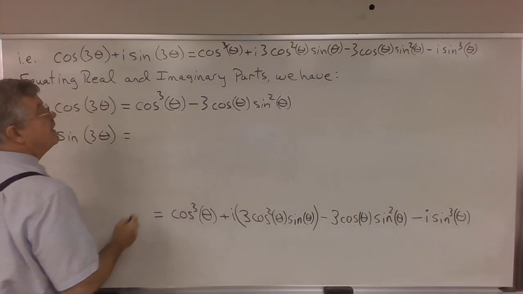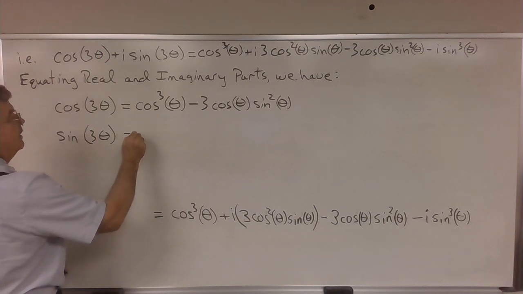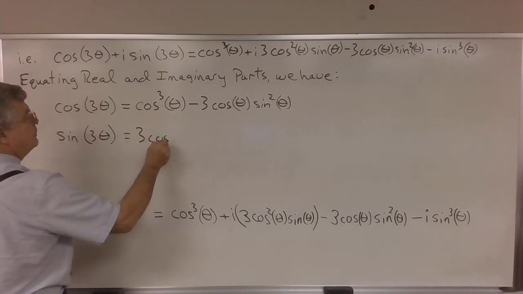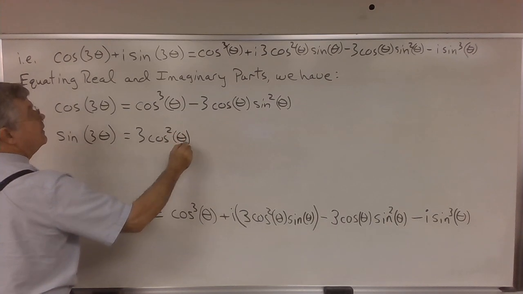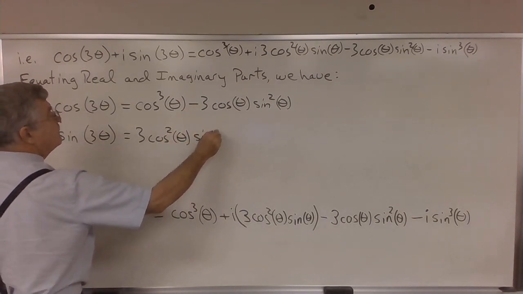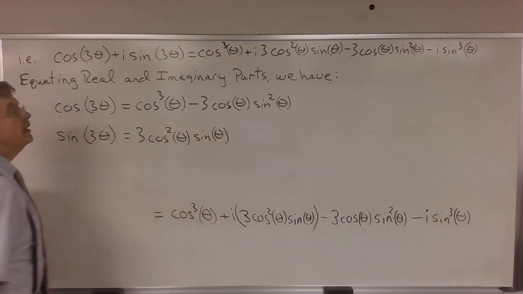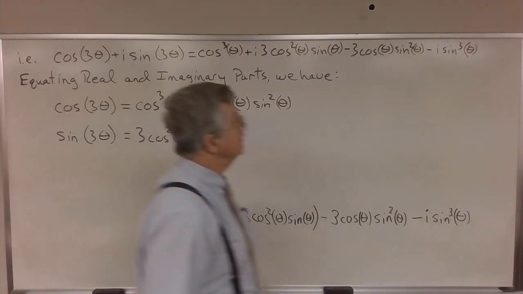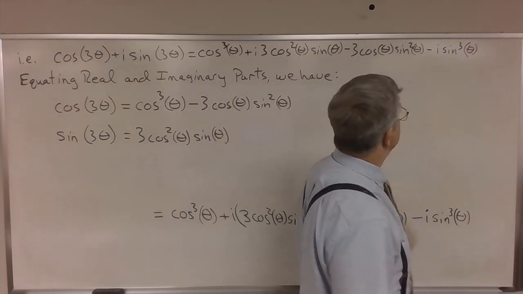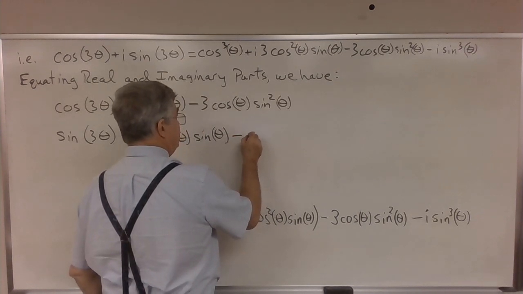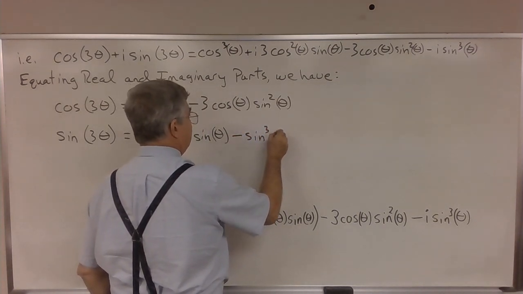So on the right, the imaginary part is 3 cosine squared theta sine theta minus this guy, sine cubed theta.